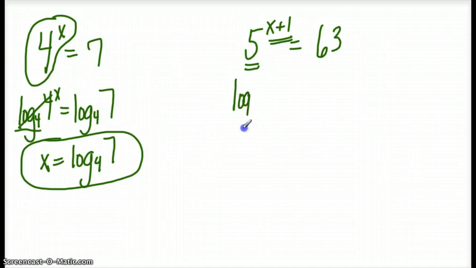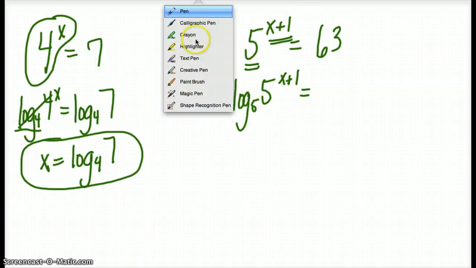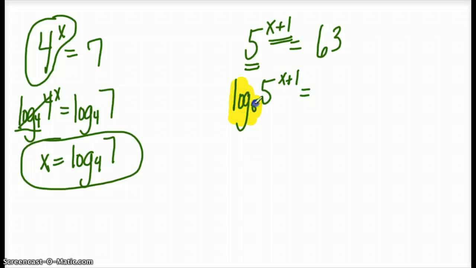You take the log base 5 and write 5 to the x plus 1. The thing with the x determines what log you put. If I had log base 5 here, I must do it to this side as well, so I have log base 5 of 63.